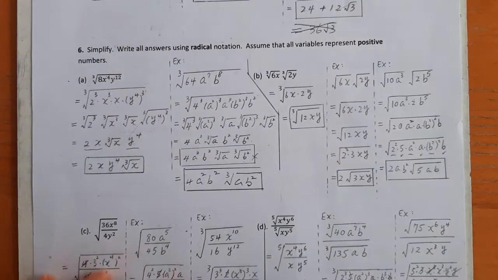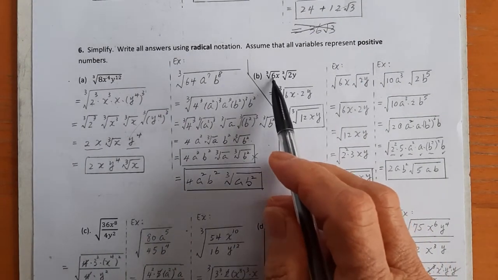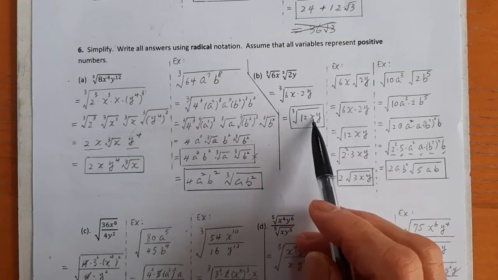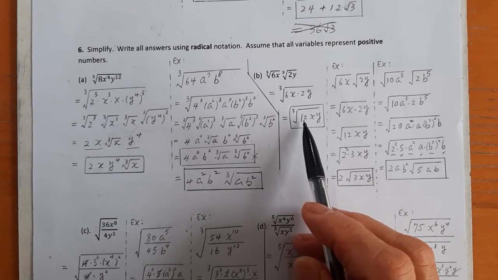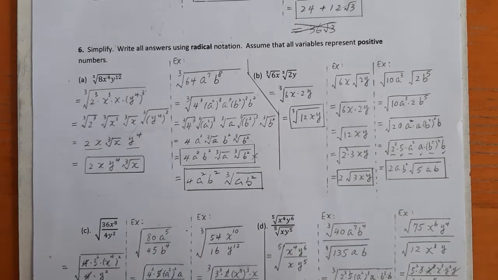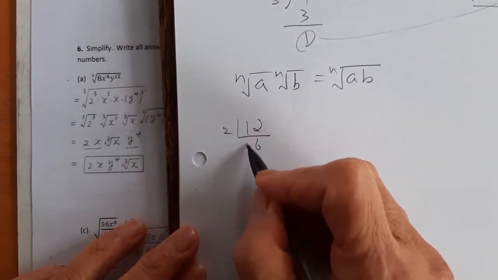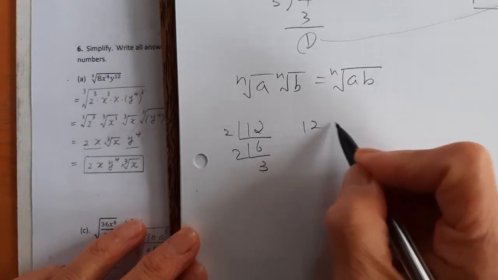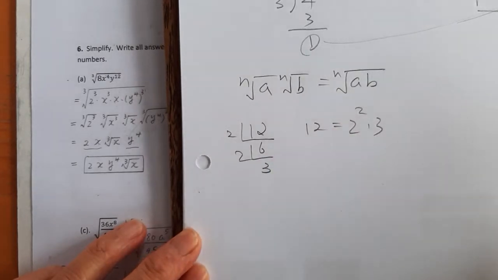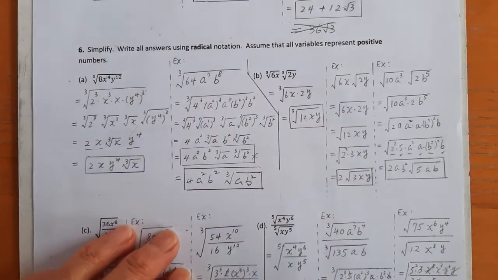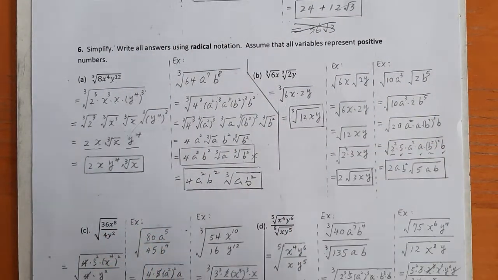So here n is 3, cubic root of 6x times 2y. 6 times 2 is 12xy, cubic root. And since 12, you need to find out 12 is divided by 2 is 6, divided by 2 is 3, so 12 is 2 squared times 3. You cannot find out any cubed. So this cannot be further simplified.